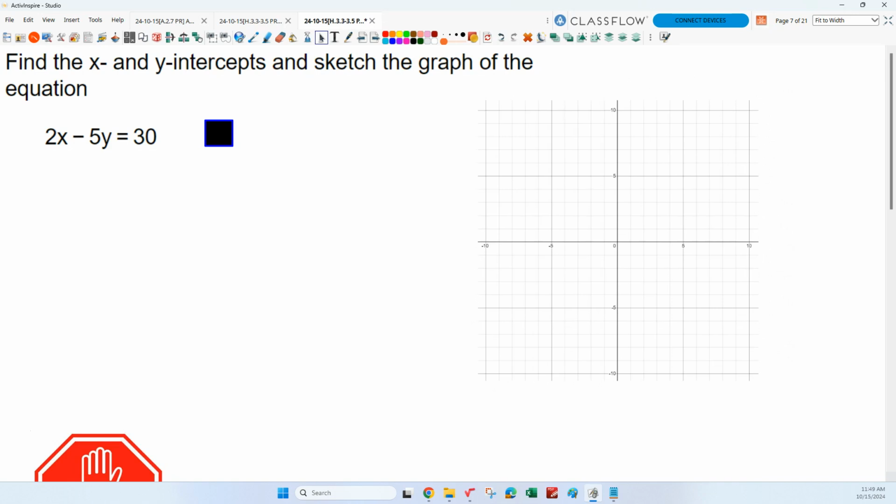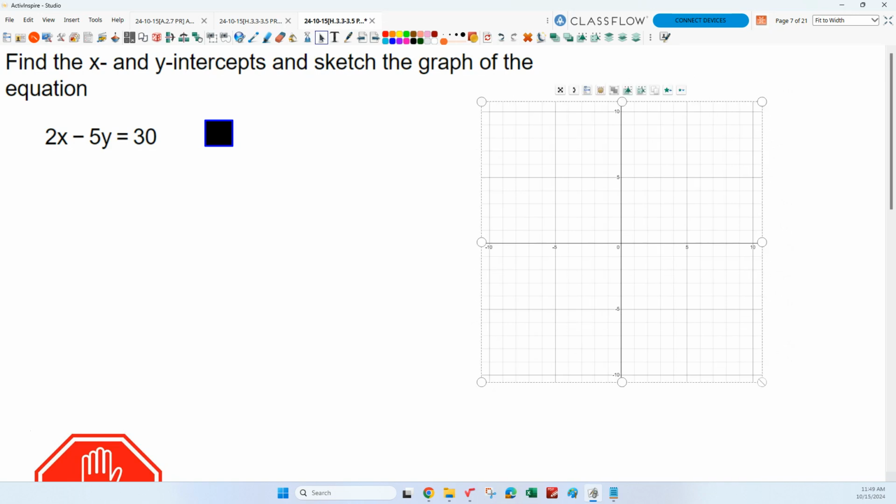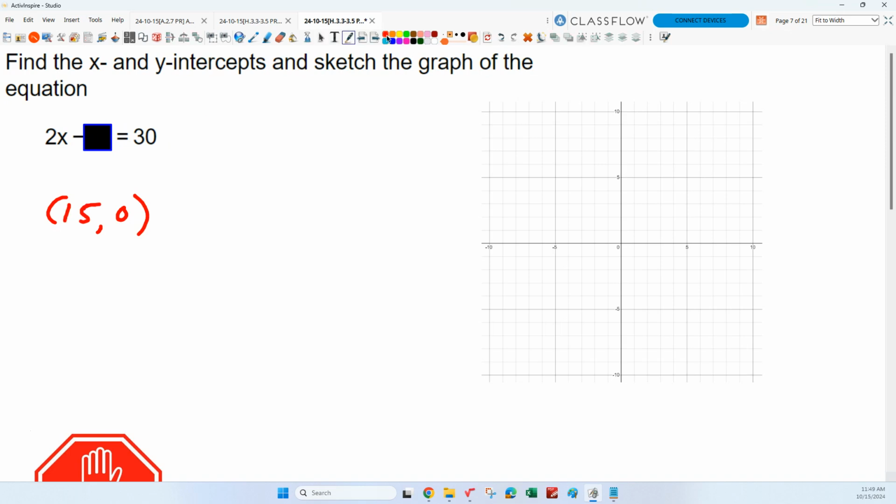Okay, good. I'm going to set y to 0 and solve for x. Fair enough? What's x? 15. So (15, 0), that's out, what do you think, right about there?